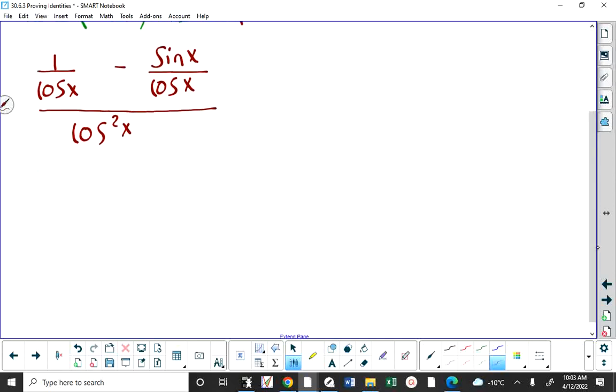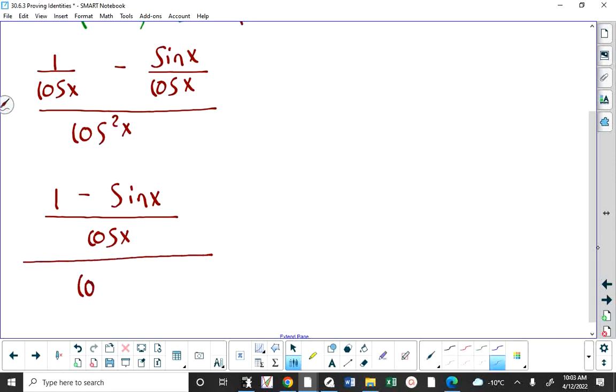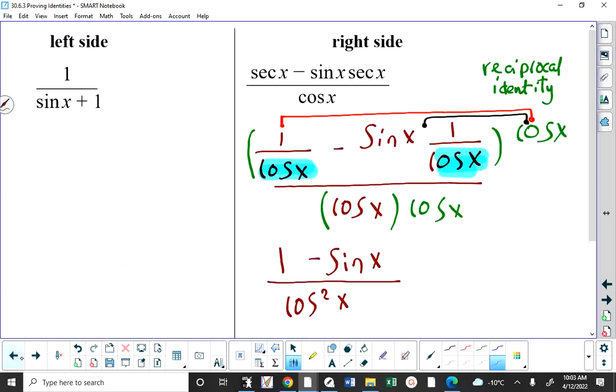And your next statement, I think you said, so this is 1 minus sine x all over cos x, all over cos squared of x is correct. Not cos squared x on the bottom just yet. Right, because you're not multiplying top and bottom by.